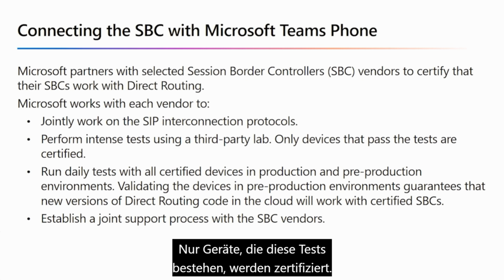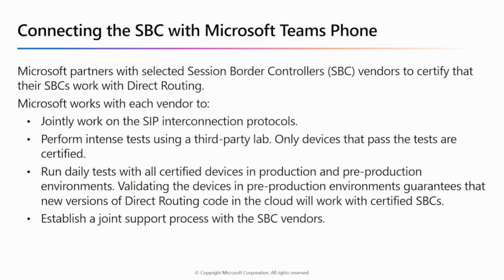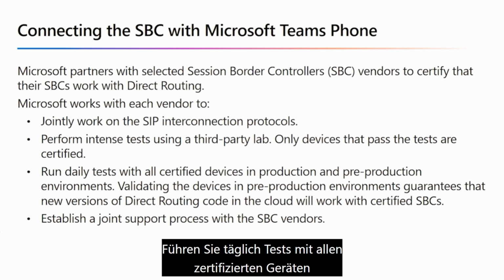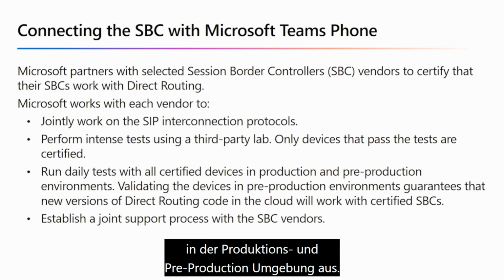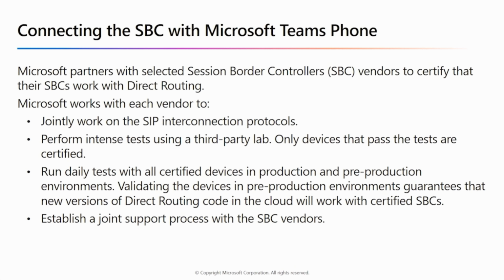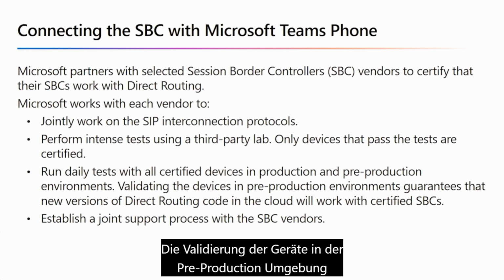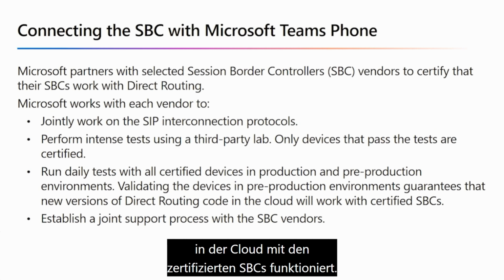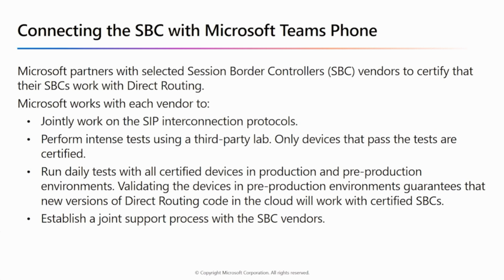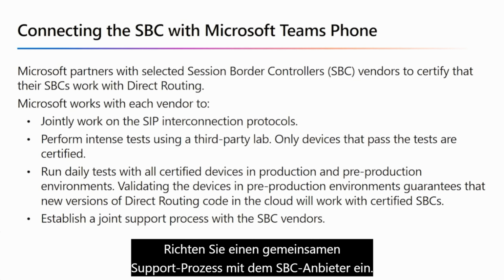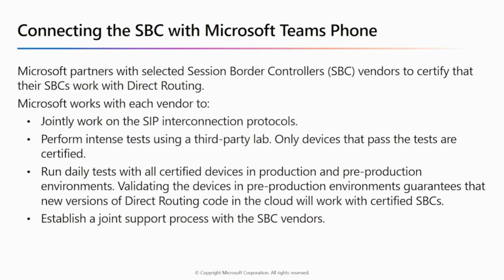Only devices that pass the test are certified. Microsoft runs daily tests with all certified devices in production and pre-production environments. Validating the devices in the pre-production environment guarantees that new versions of direct routing code in the cloud will work with certified SBCs. Establish a joint support process with the SBC vendor.